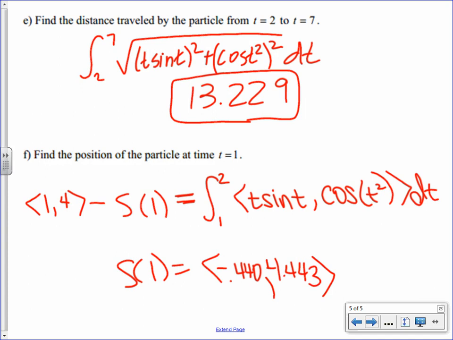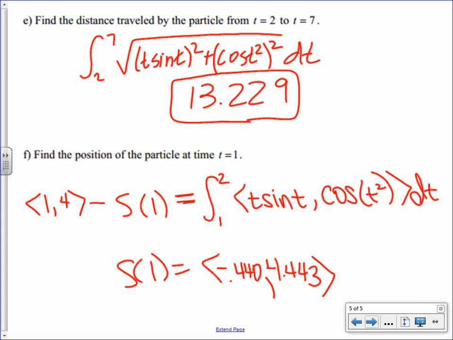Did you take 1 minus this? Oh, because it's negative, it flips. No, because we know the position at 2, we're finding the position at 1. I see what I did. I can subtract the 1, but it's negative, so it's tricky math.